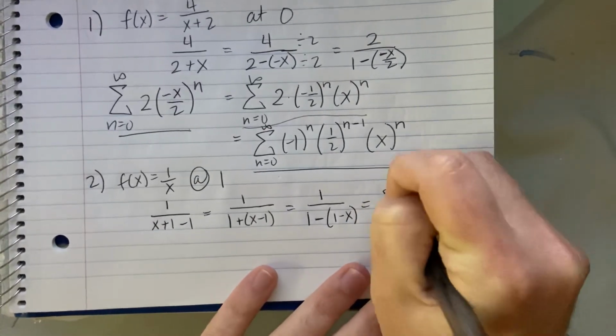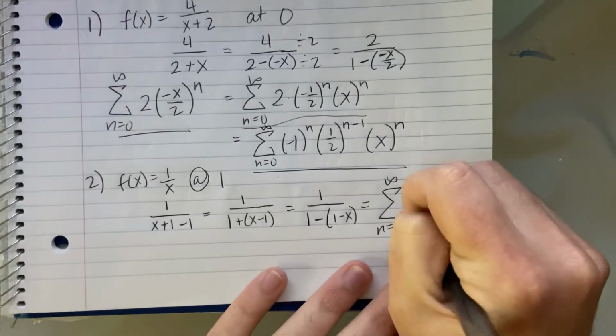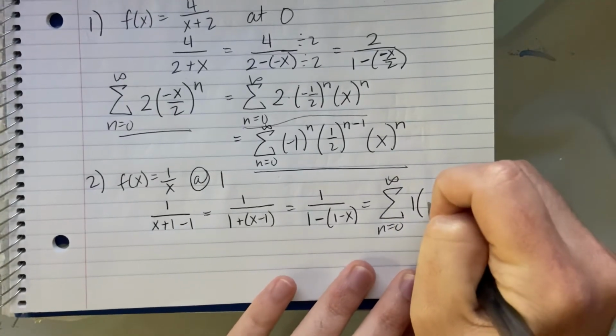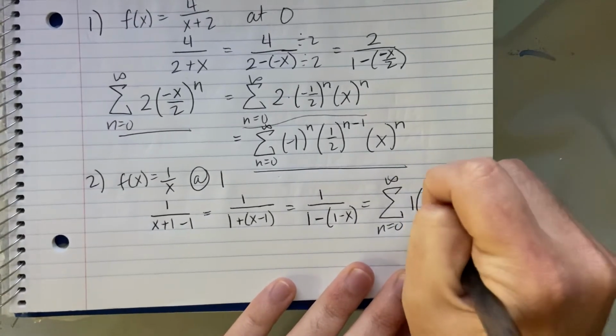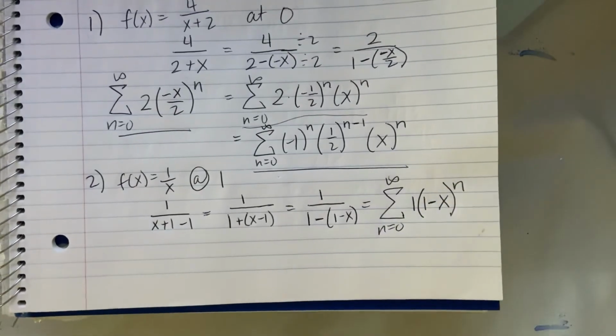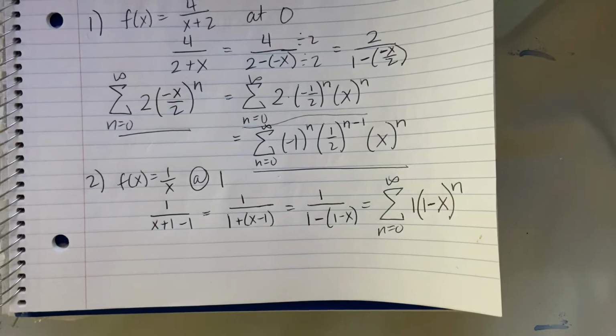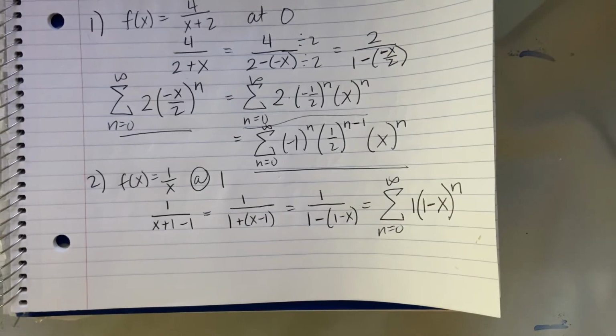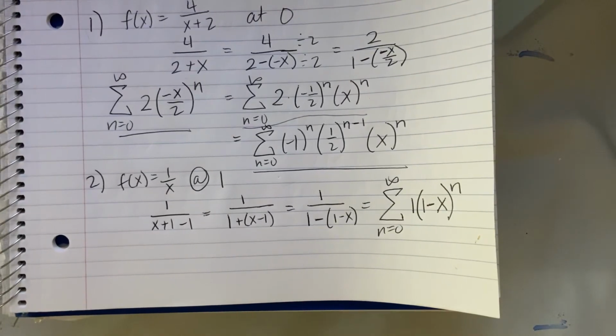Yes. My a is 1, and this becomes 1 minus x to the n. So this is an example of what you can do with power series to approximate functions, and we'll have more applications in the next video.